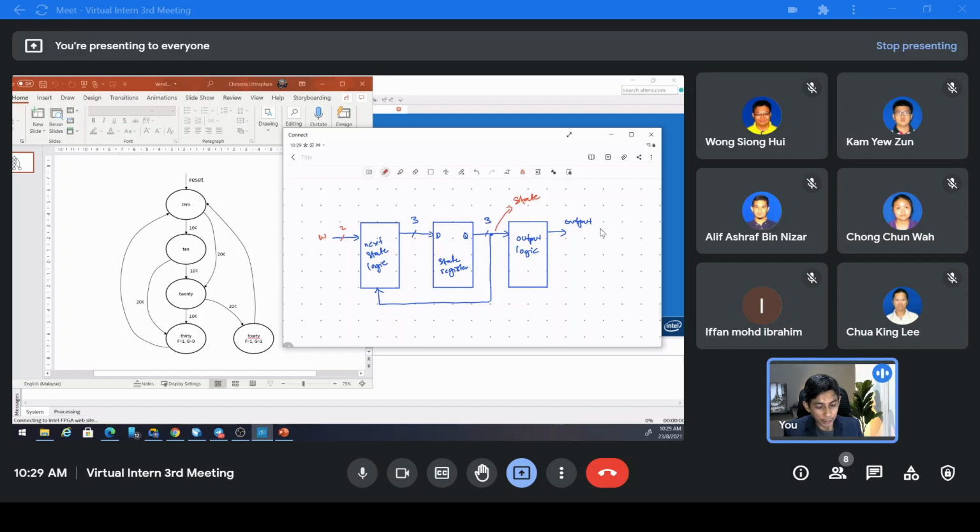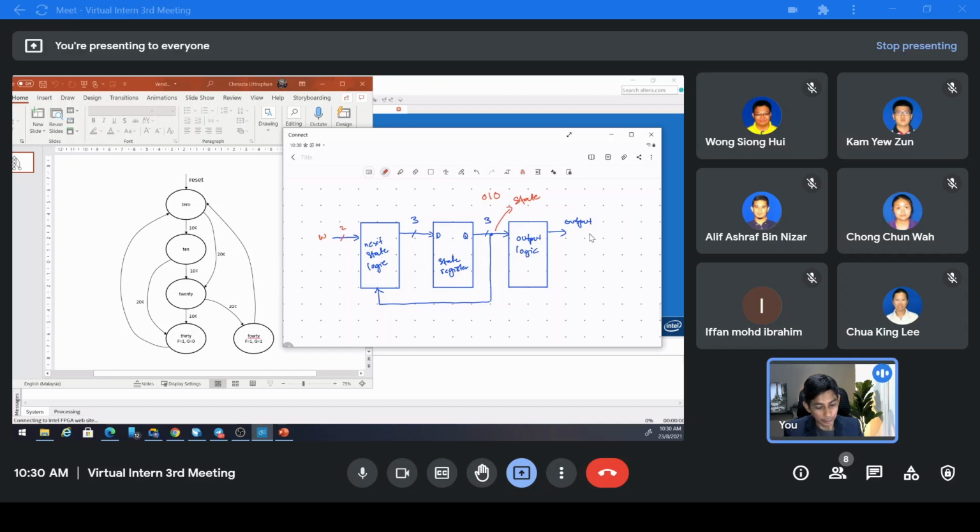So if the output of the flip-flop is 0, 0, 0, it means that we are in state 0. If the output of the flip-flop is 0, 0, 1, it means that we are in this state. If 0, 1, 0, we are in this state, and so on.